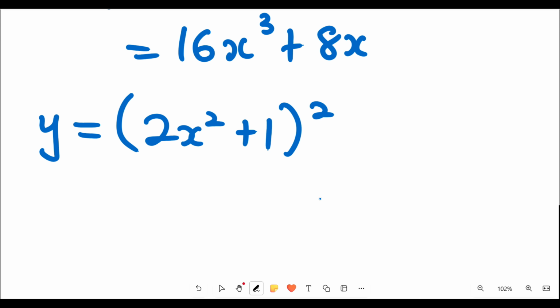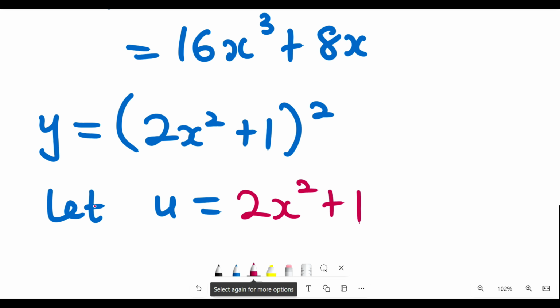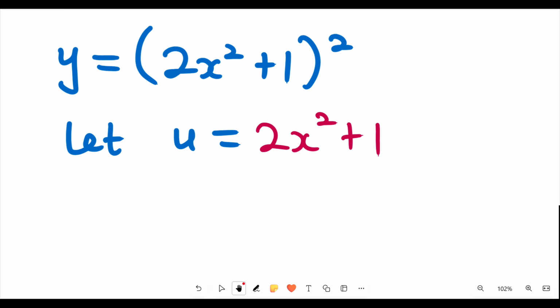So we are going to replace whatever you have in the bracket with a variable. So let us use u. Let u be equal to 2x squared plus 1. So let us determine the value of y now.